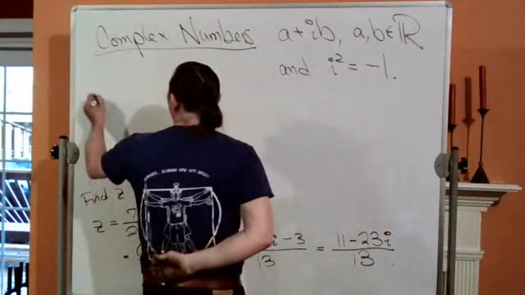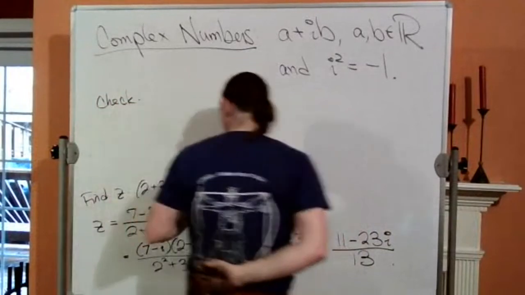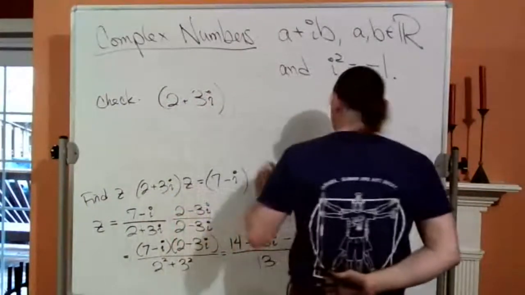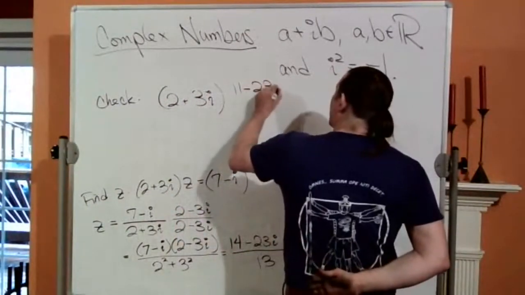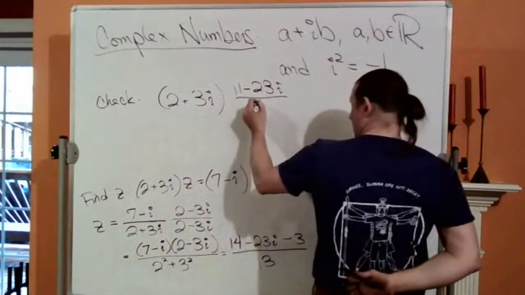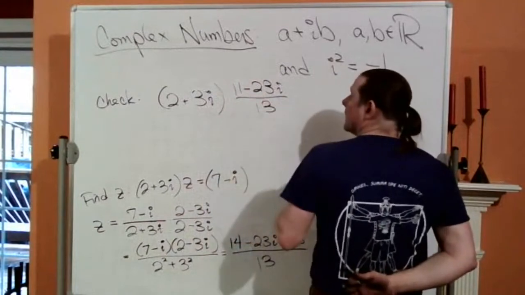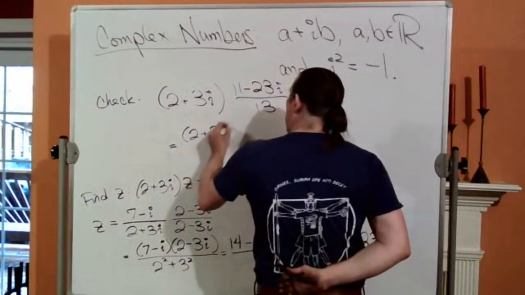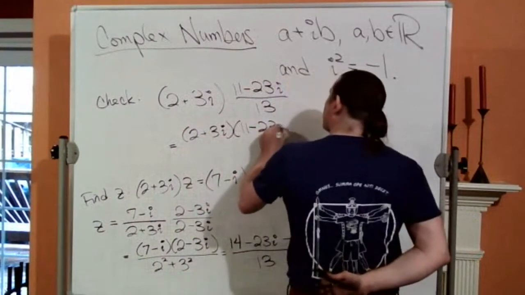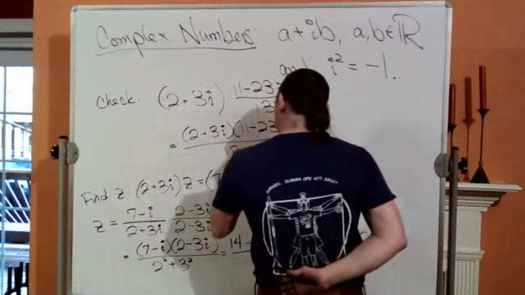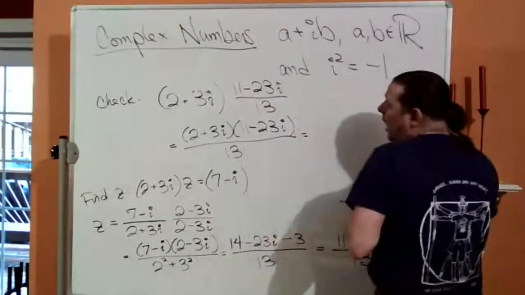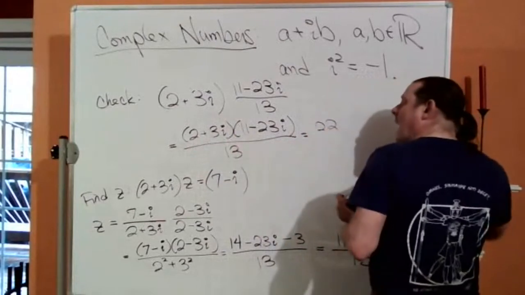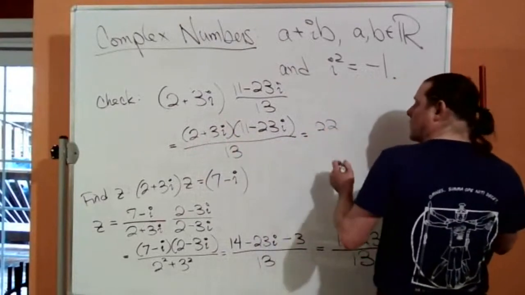So I could say 2 plus 3i times 11 minus 23i over 13 is equal to, well, I'm going to have to use FOIL. All right, so I'll get 22, and then it's going to be minus 69i squared.